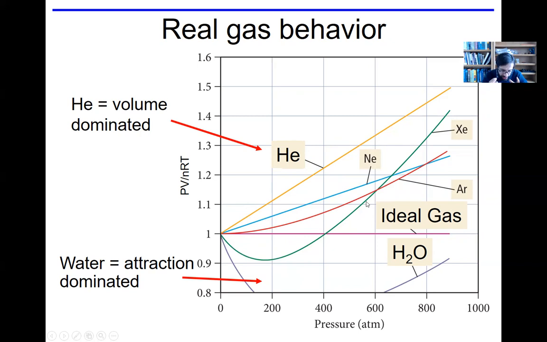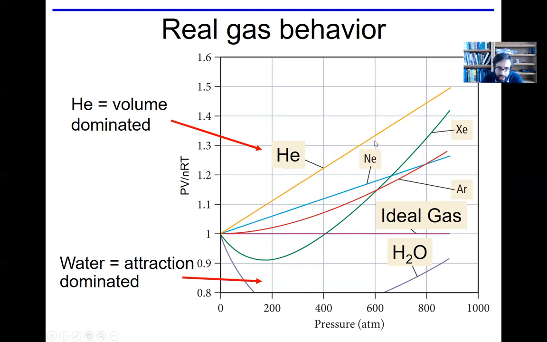Because again, we're jamming these gas particles together. And so then we have more chances for attractions, and the volume component of the gas particles takes up a higher fraction of the overall container volume as we get to smaller and smaller volumes, higher and higher pressures.